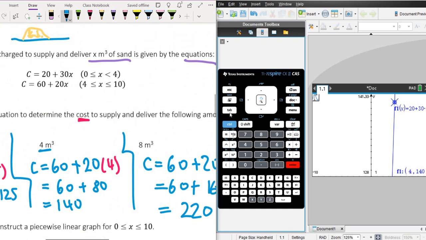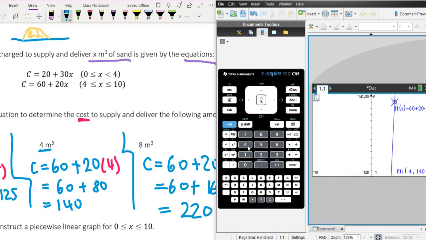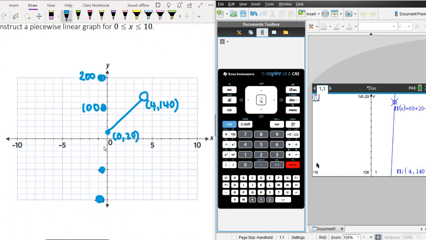And for the second part, if you go tab, go up, I would delete this. Replace it with 60 plus 20x. And it starts at 4 and including that point. So 140, so it's actually the same point, but now it's being included.